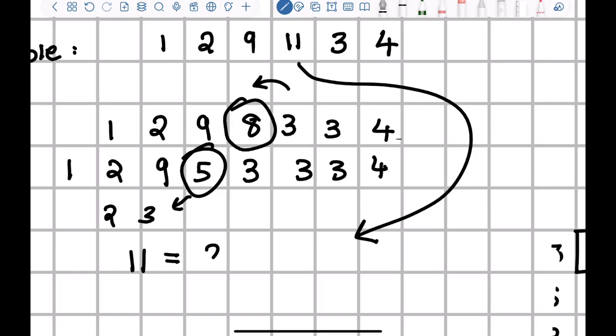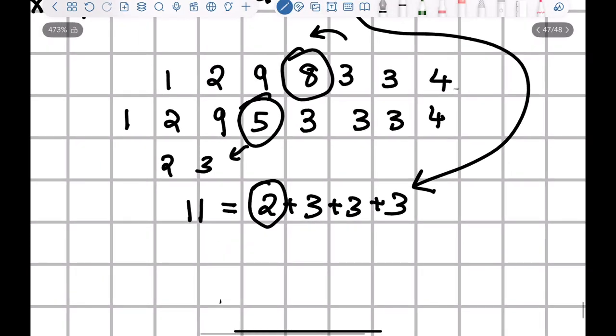So we have 2 plus 3 plus 3 plus 3. Now we will not be breaking down 2 here. Why are we not breaking down 2? Because 2 is the minimum number.